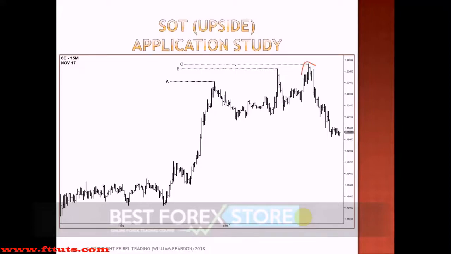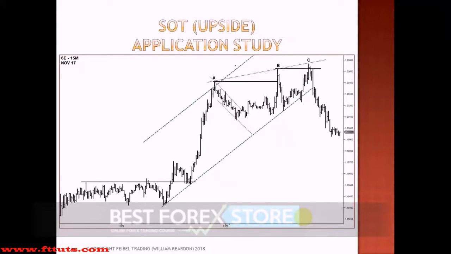Let's open up this chart a little further, and we do this by adding structure. Now, isn't this interesting? So let's just start from down here. Well, clearly in a trading range, and then we drive higher through our resistance.